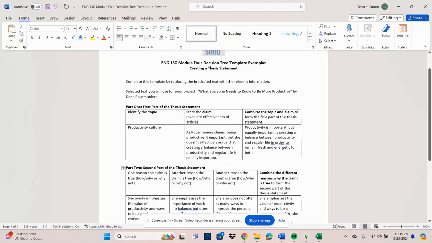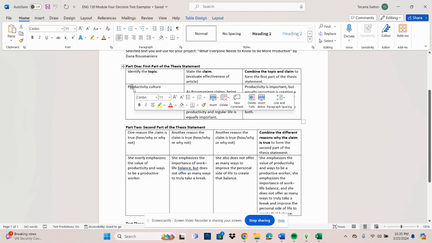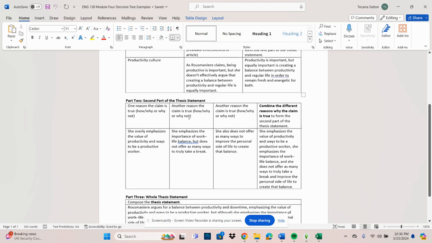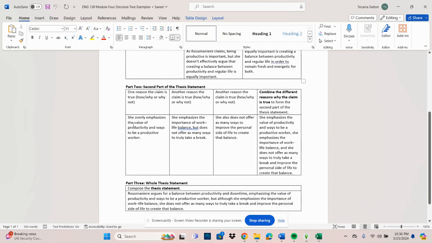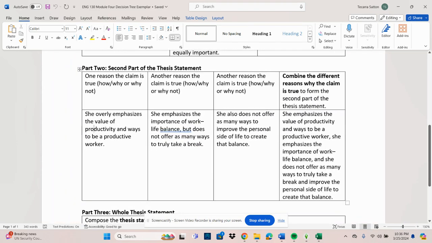Okay. And if you notice in the example, we have our topic, which is productivity culture. We have our claim, and then we have our reasons. Reason one is here. Let me make this a bit bigger. We have our reasons here. Reason one, we've got reason two, and we've got reason three.